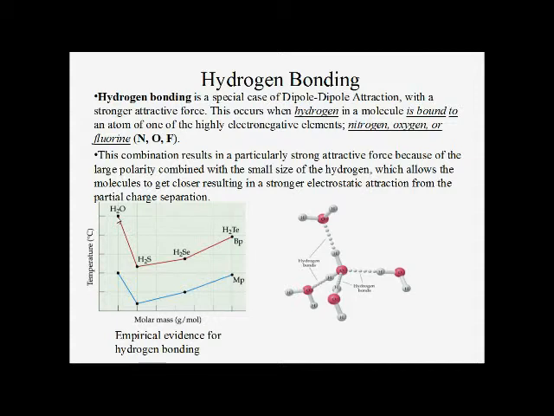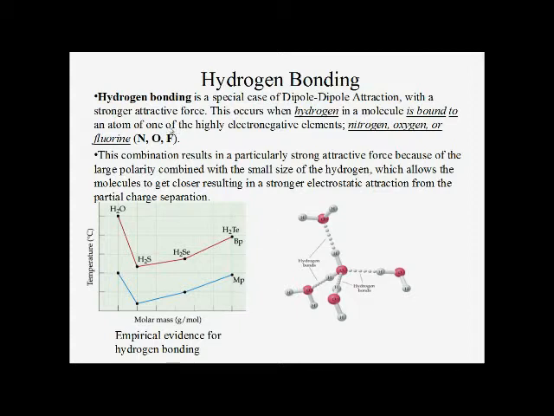Why does this happen? This is a combination of two factors. These elements, nitrogen, oxygen, fluorine, are three of the most electronegative elements that we have, along with being three of the smallest elements that we have. So we're going to have a high charge separation over a short distance.